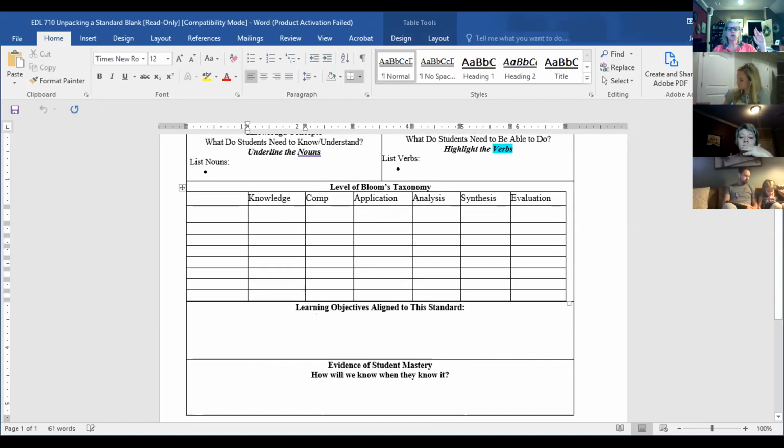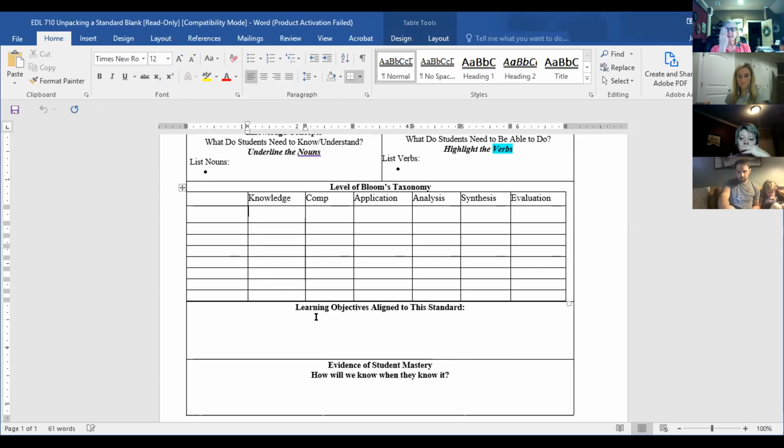Then you're going to write learning objectives that are aligned to this standard. When we talk more in a minute about unpacking standards, this will make more sense. But when you unpack a standard, punctuation matters. For example, anywhere you see a comma, so students will be able to add two-digit numbers, comma, subtract two-digit numbers, comma, and subtract two-digit numbers with regrouping.